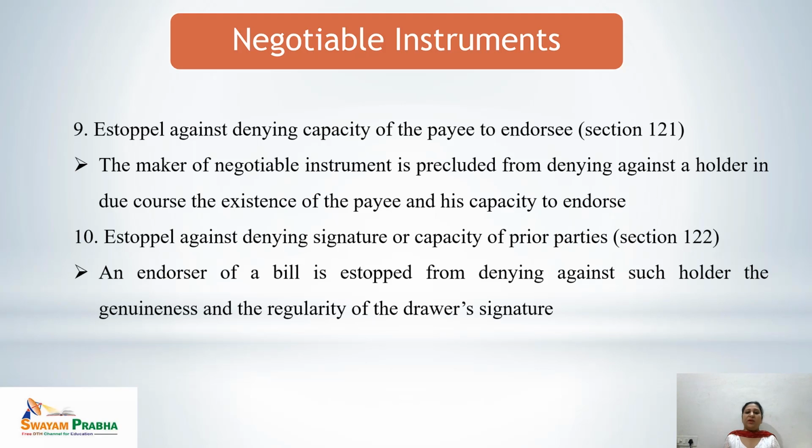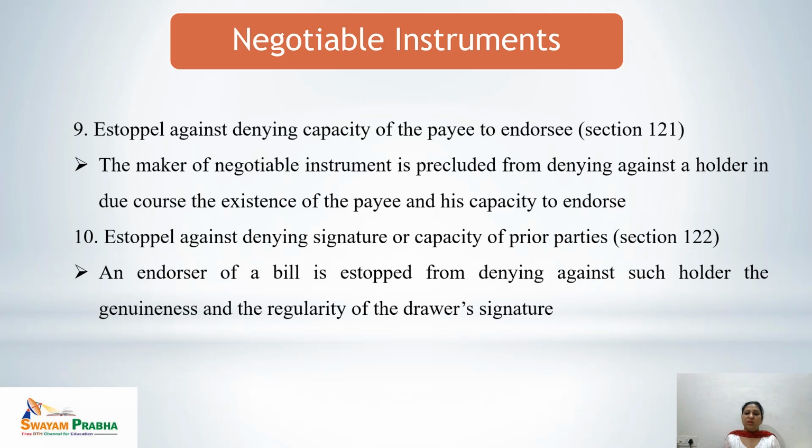Next, estoppel against denying signature or capacity of prior parties, section 122. An endorser of a bill is estopped from denying against such holder the genuineness and the regularity of the drawer's signature.